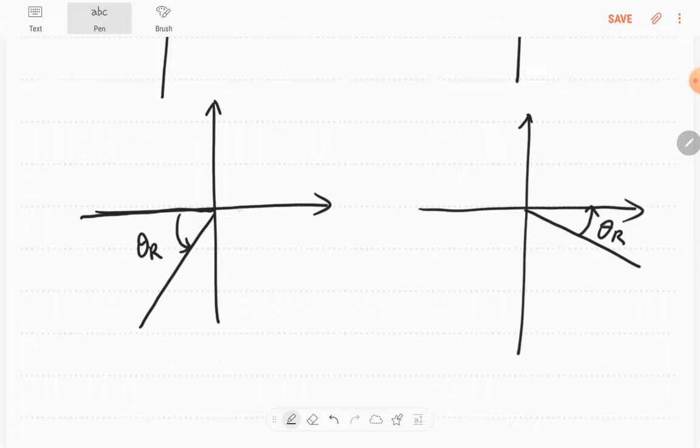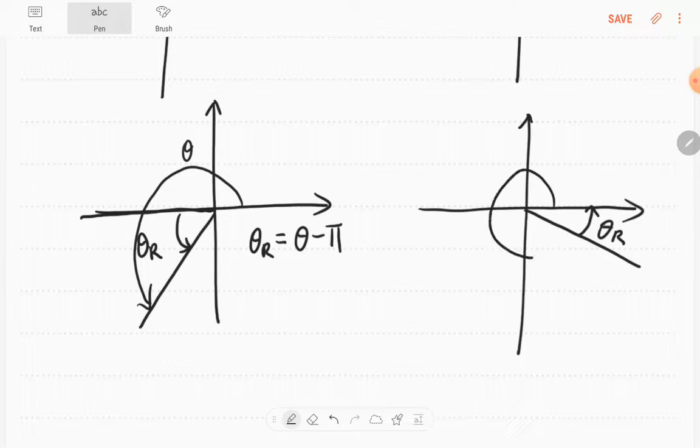If this is our theta, so the reference angle is what? Which is theta minus pi, right? If this is our theta, the reference angle is 2 pi minus this angle theta, right?